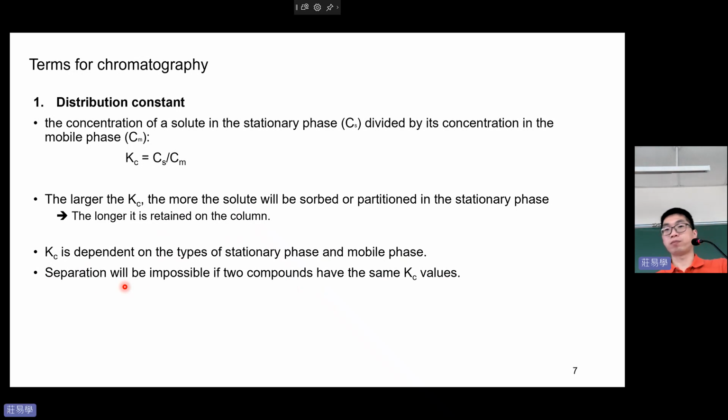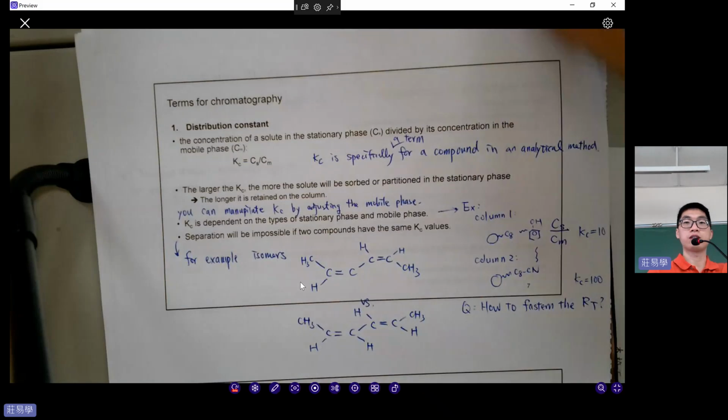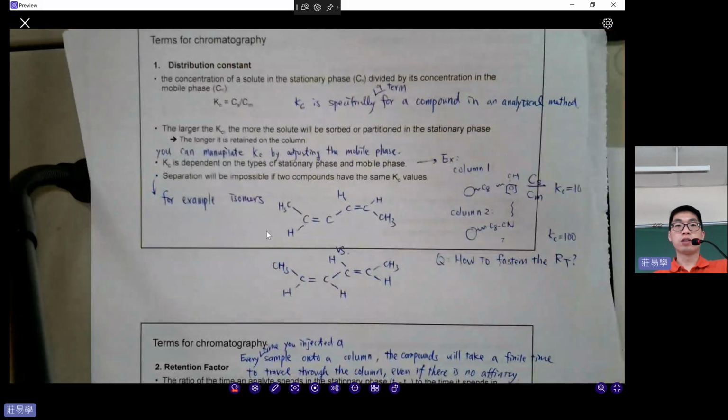One example of two compounds having the same Kc value is given here. For example, isomers: this compound and this compound are structurally very similar to each other. You can see that they are stereoisomers.